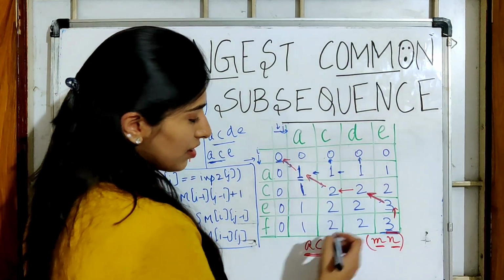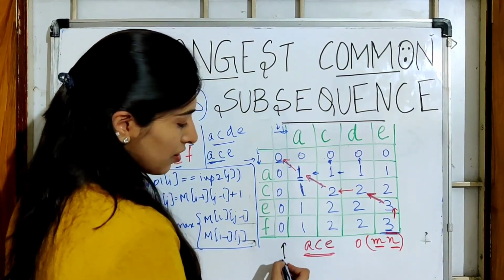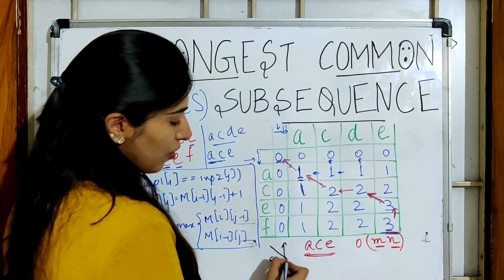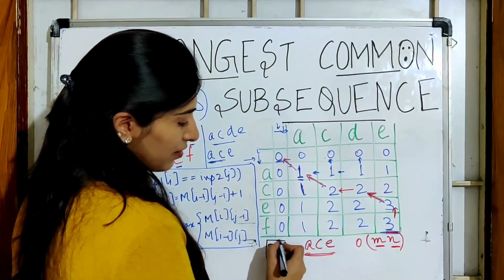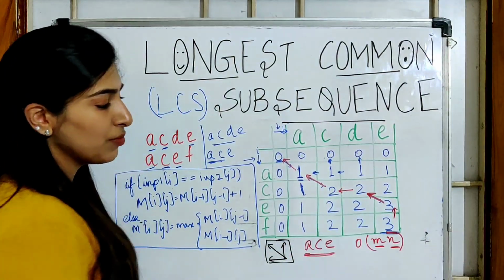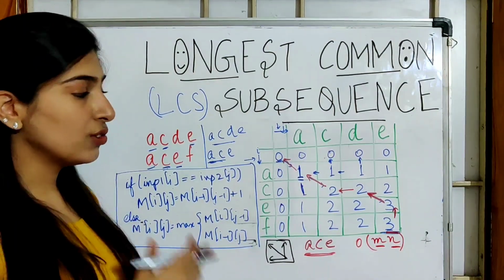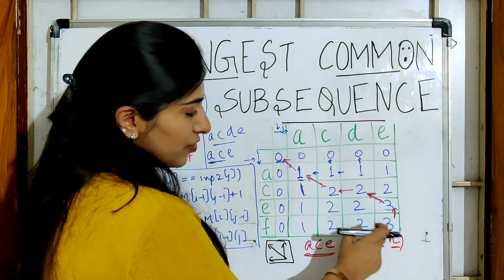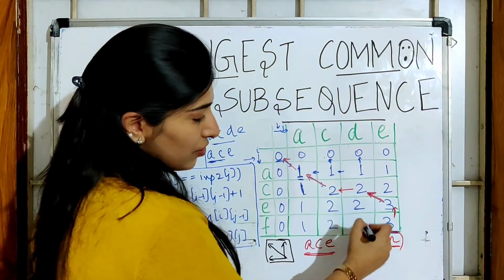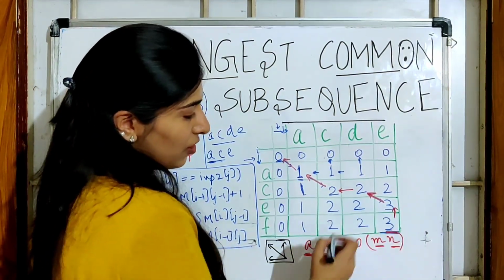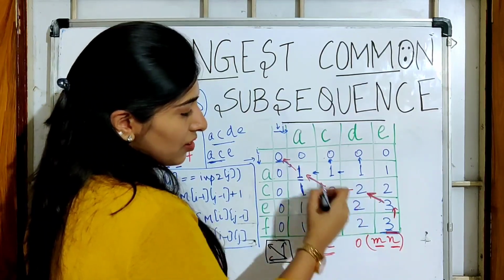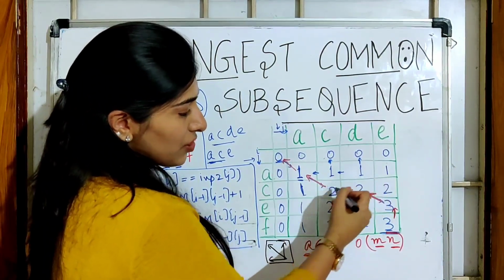We are either taking the values from the top box or from the left box or from the top left box, right? For each box, we are using only 3 values at max to find our answer. So for finding this box, we could have used either this or these two. For finding this, we could have used this or this.